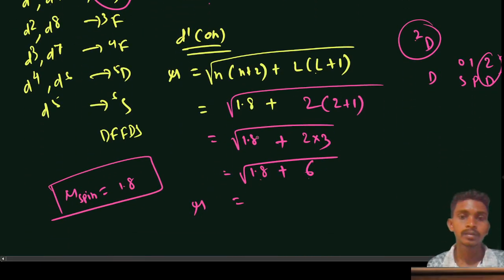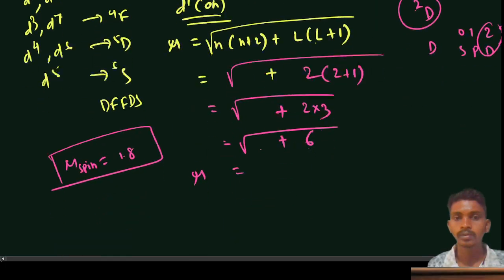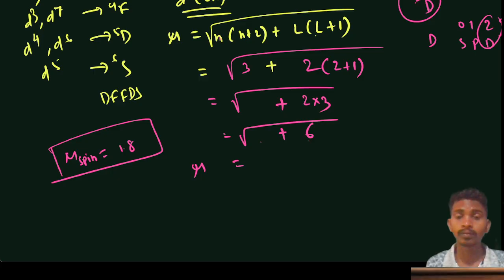Sorry, this is not 1.8; this value is n, so 1 plus 1 and 2 plus 1 is 3.